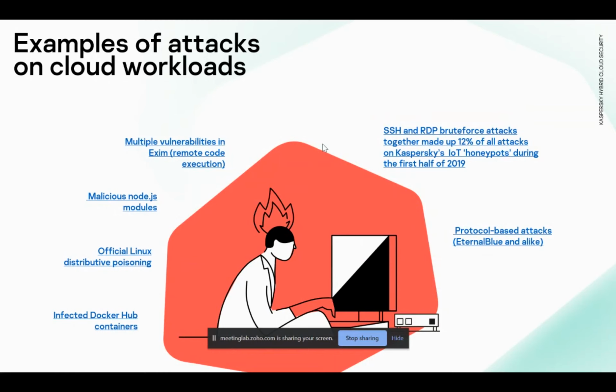Then there are multiple vulnerabilities: if you don't keep your OS and your applications up to date, you are exposing vulnerabilities. Then we already saw the SSH and RDP brute force attacks. Then there are protocol-based attacks like EternalBlue, Linux distribution poisoning, and container attacks, that is, infected Docker Hub containers.